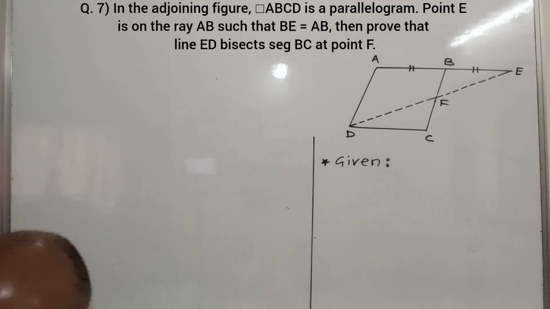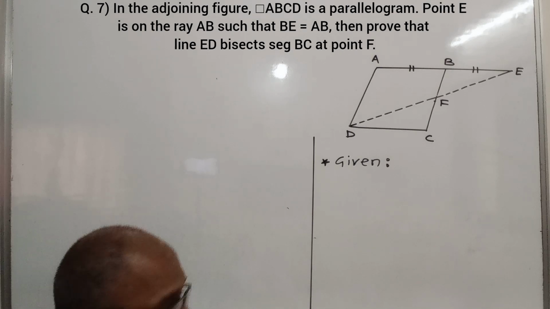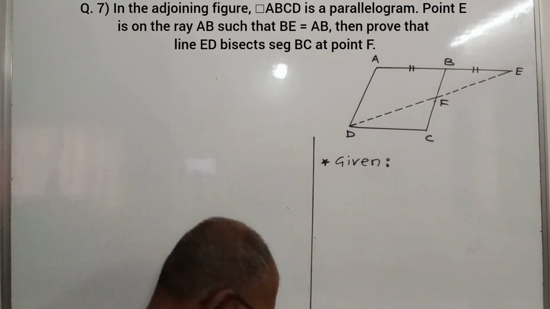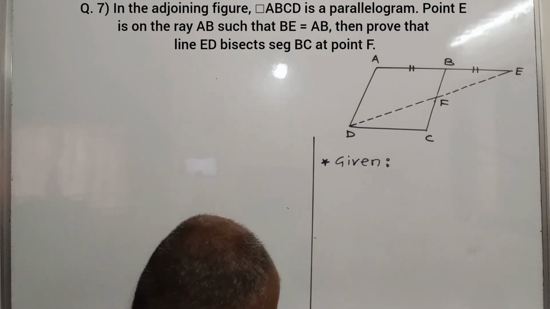Now, when a theorem is given, there are two parts in that statement: first is given and second is to prove. What is given?